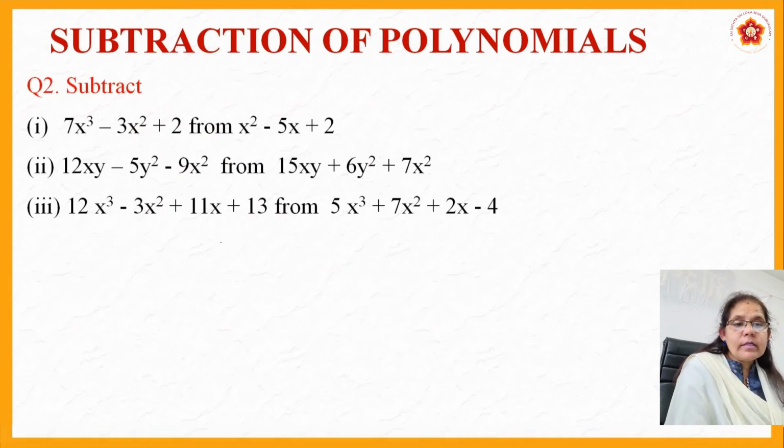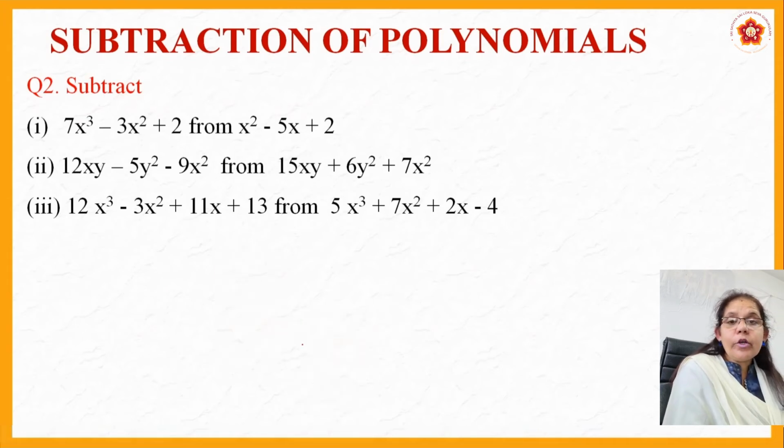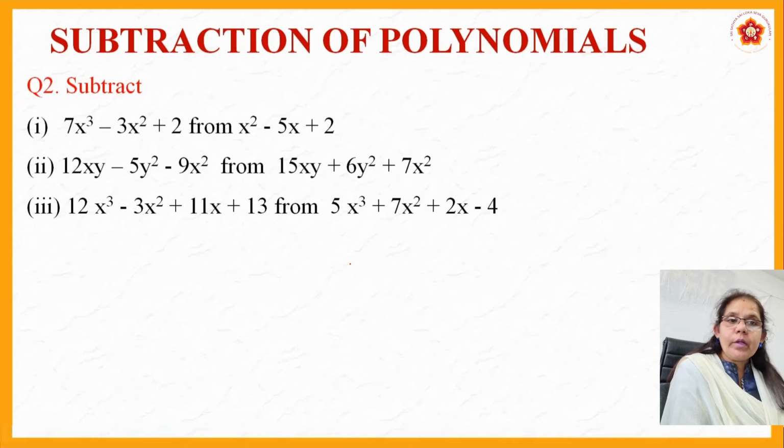Very important thing is to identify which polynomial has to be kept first. It's like, is it 2 minus 3 or 3 minus 2? Do we have to subtract 2 from 3 or do we have to subtract 3 from 2?